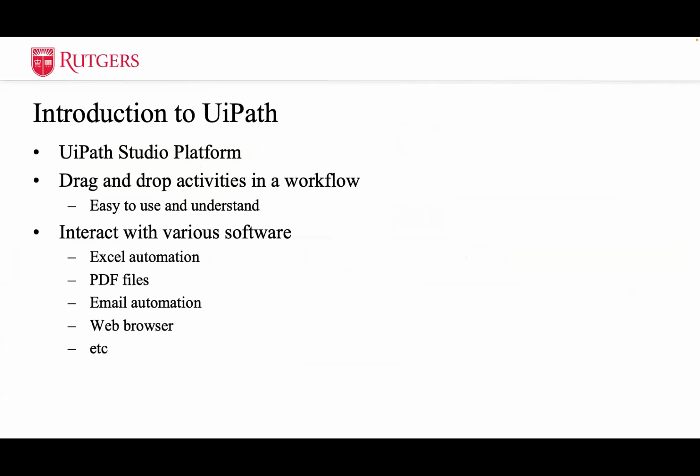So UiPath provides the UiPath Studio platform for you to automate your task. Some features, like I mentioned, like many other automation software, it can drag and drop activities in the workflow. It's very easy to use and understand, and it interacts with various softwares on your computer, like your Microsoft Excel, your PDF reader.